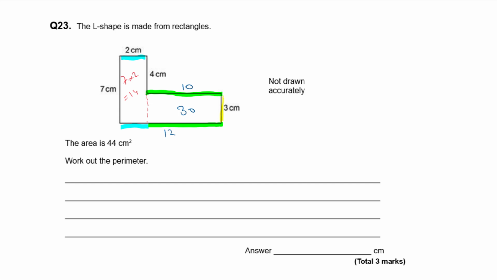Now I've got all the missing sides, I can add them up. The perimeter, starting in the top left corner and walking around the shape, is 2 plus 4 plus 10 plus 3 plus 12 plus 7. Adding all that up, that is going to be 38, I believe.